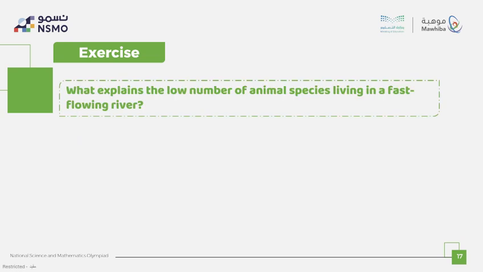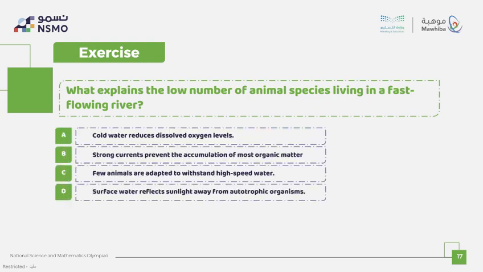Another question. What explains the low number of animal species living in the fast-flowing river? The main idea: not all animals are adapted to survive in fast-moving water. It requires specific adaptation. So let's analyze the options. First, cold water reduces dissolved oxygen levels.